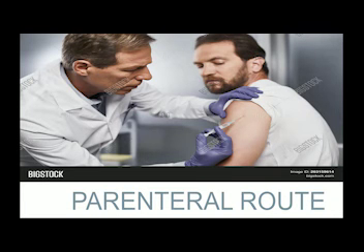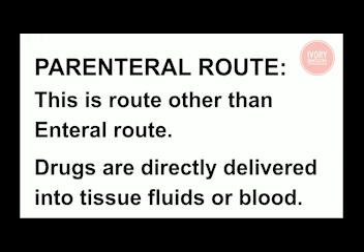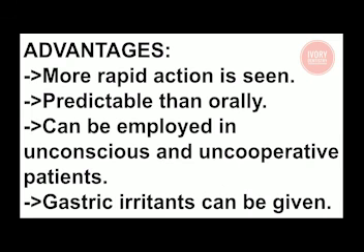Now we move on to parenteral route. The route other than enteral route is parenteral route, and the drugs are delivered directly into the tissue fluids or blood. The advantages are it is more rapid in action, it is more predictable than orally, can be employed in unconscious and uncooperative patients. The gastric irritants can also be given.